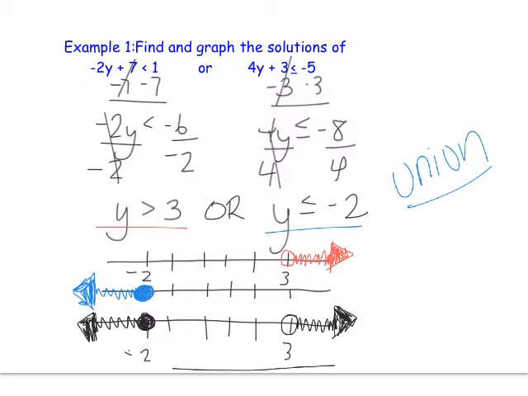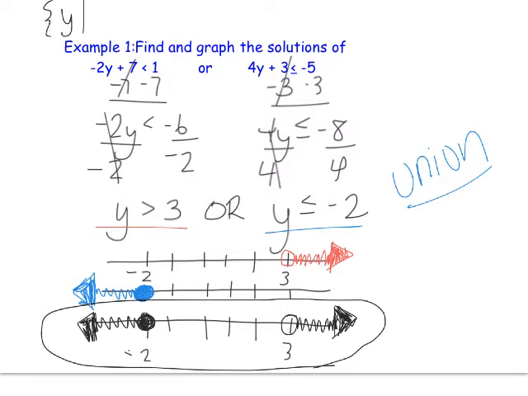So this number line shows the graphical solution for this compound inequality. If we write it in set builder notation, I'll write that at the top. We would say y such that y is greater than 3 or y is less than or equal to -2. So it's pretty simple to put in set builder notation.